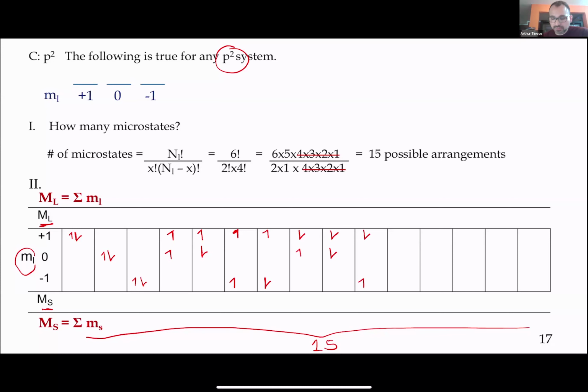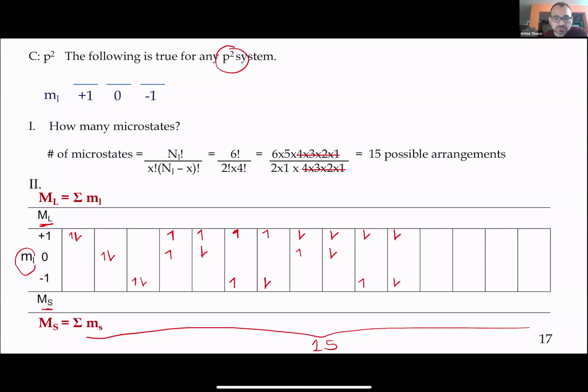And then I can put the +1 paired down, and then the -1 paired down as well. Okay, so I can do that. So now I've exhausted all the ways that I can put electrons in the +1 with the other electron in the other 2 orbitals. So now what's left? Well, now what's left is putting the 2 electrons in the 0 with the -1.